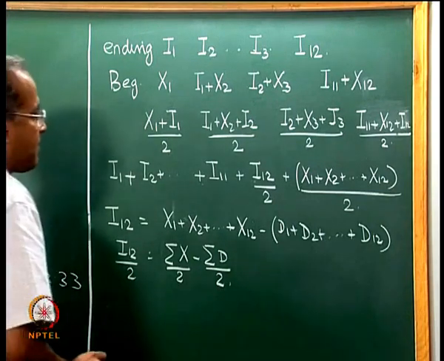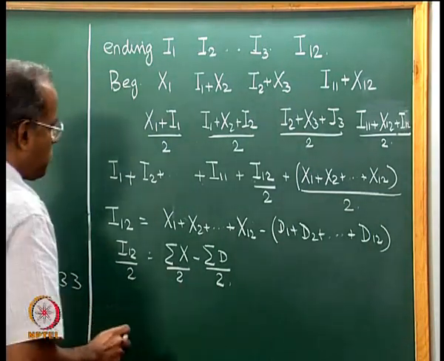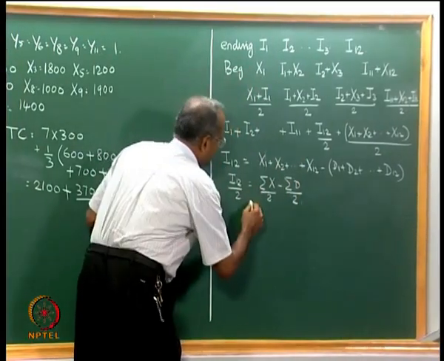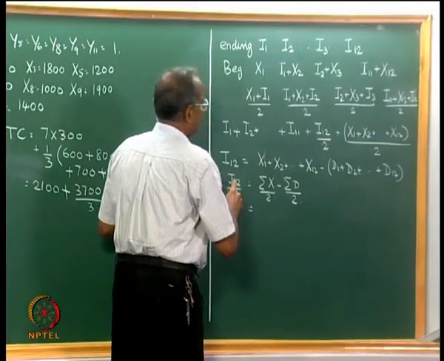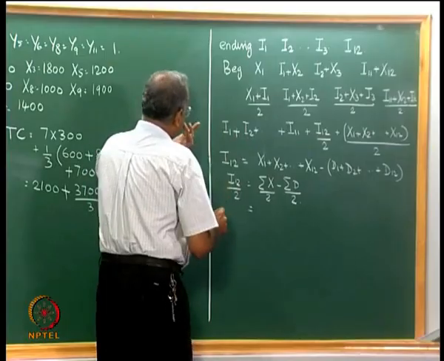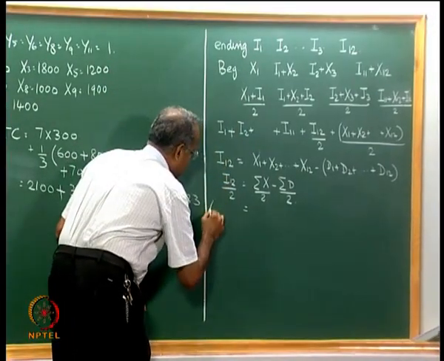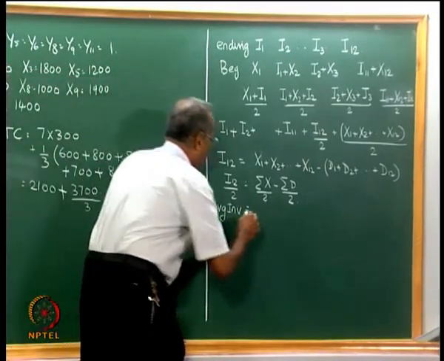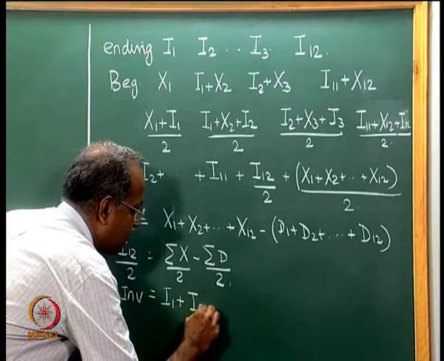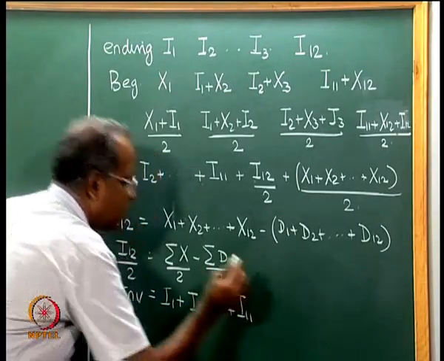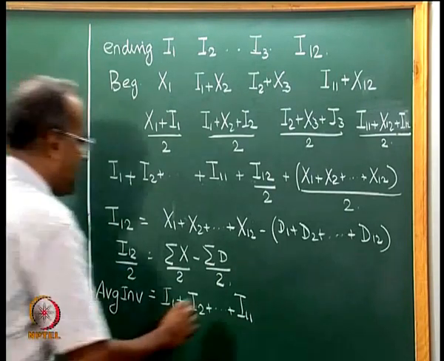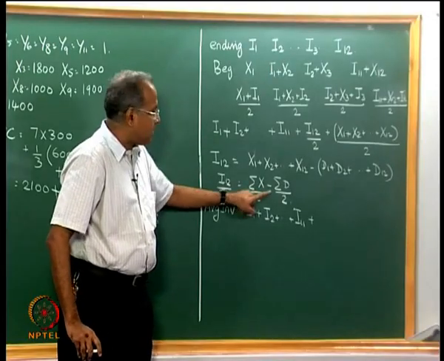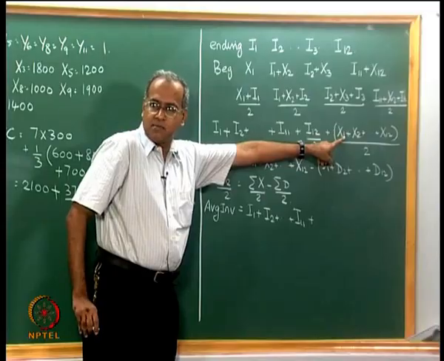So, this will become I1. So, the sum of the average inventory will be I1 plus I2 up to I11 plus this I12 divided by 2, which is sigma x by 2 minus sigma d by 2, and this is another sigma x by 2.